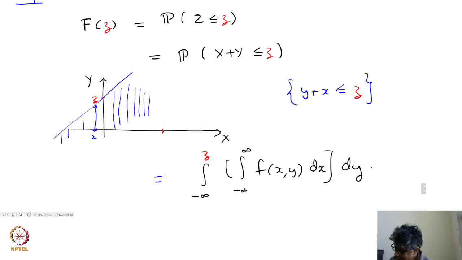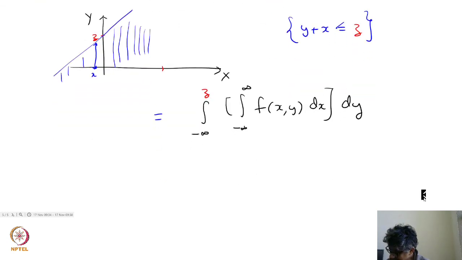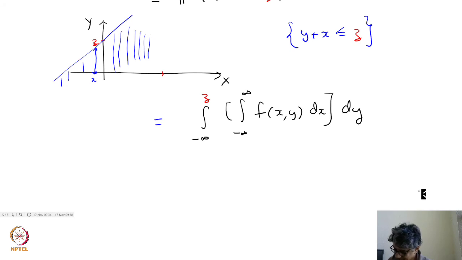Maybe I should not write it like this. This point here is z, and this point here would be z minus x. So the y is inside.